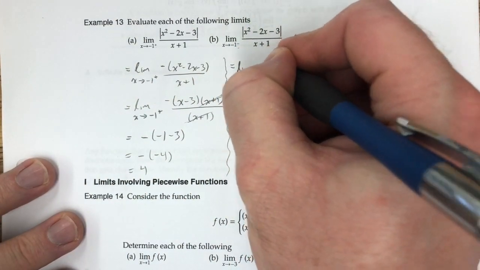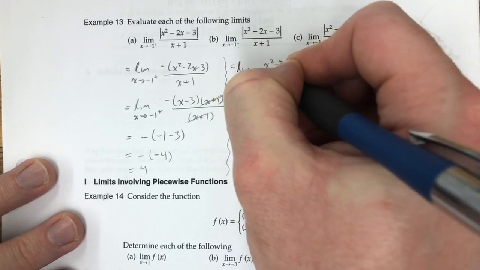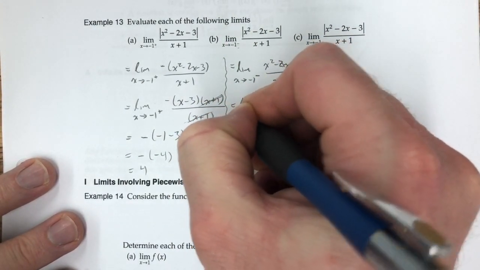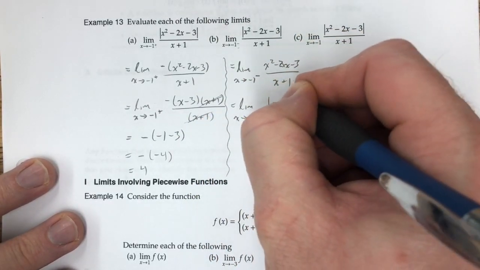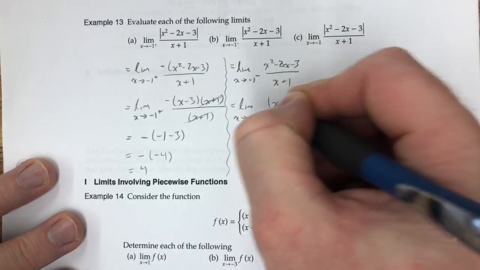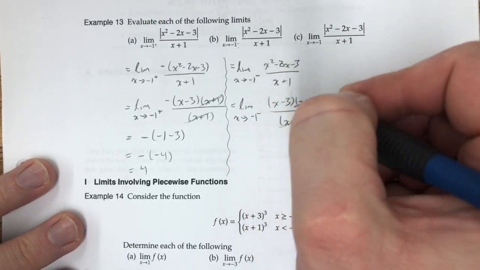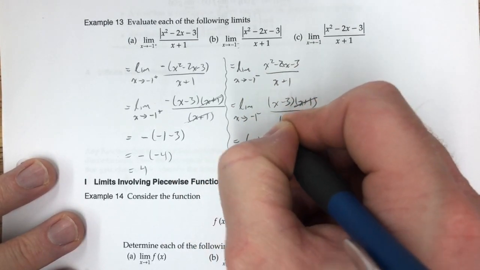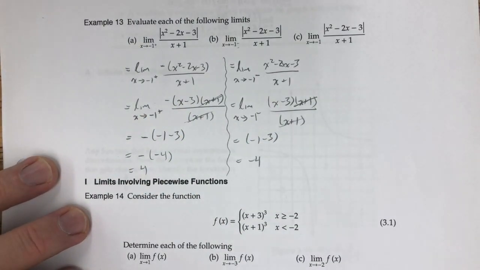This is just going to be x squared minus 2x subtract 3 divided by x plus 1. We can now factor the numerator to x minus 3 and x plus 1 over x plus 1. The common factors cancel, and we can plug in -1 subtract 3 and just get -4.